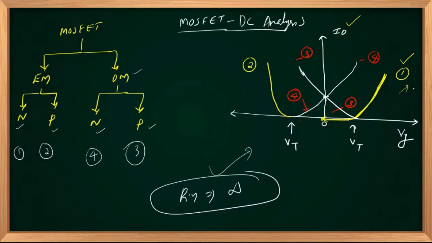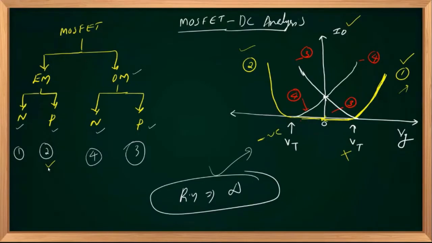That implies that curve number 1 operates only in enhancement mode, and that Vt is positive implies that it is an N-channel device. Similarly, for curve number 2, there is no current when gate voltage equals 0. So that is also an enhancement mode device, but Vt is negative. That corresponds to a P-channel device.